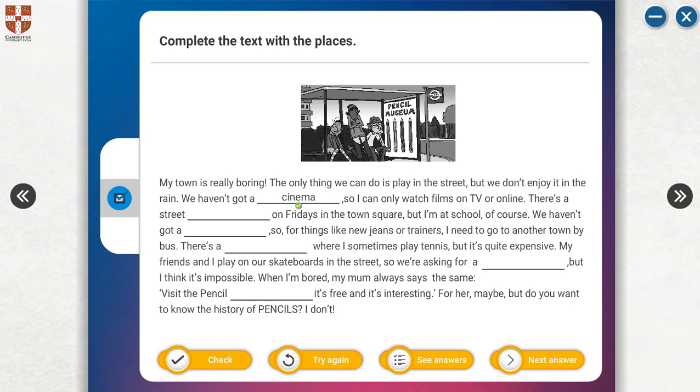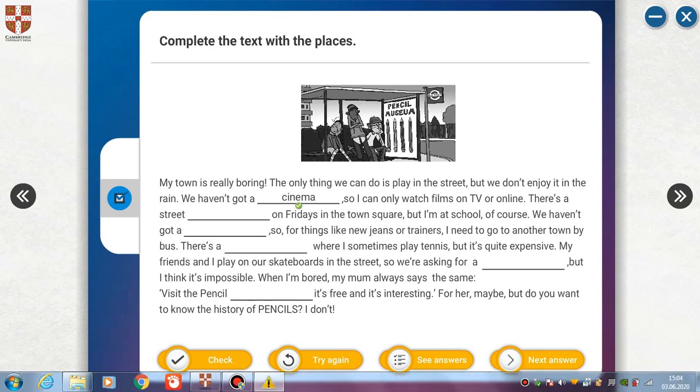Okay, we go on. There's a street blank on Fridays in the town square, but I'm at school, of course. There's a street what? There's a street blank in the town square.